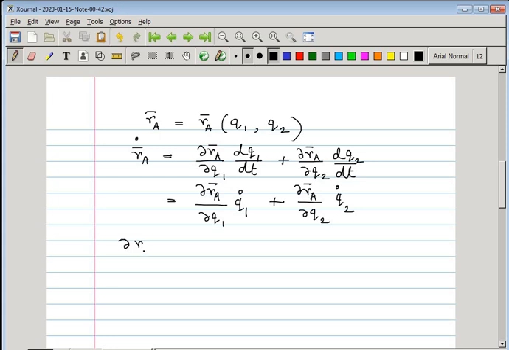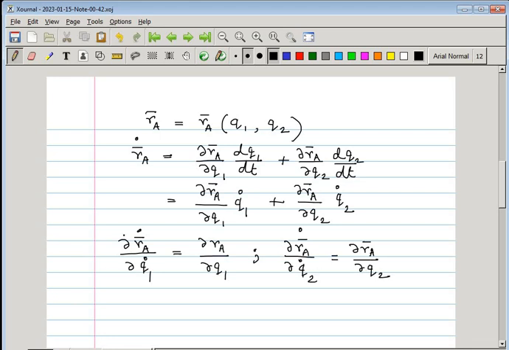So now if we take this partial derivative, then we'll get, similarly if we take del RA dot, if we differentiate it with respect to Q2 dot, then we are certain to get del RA del Q2.